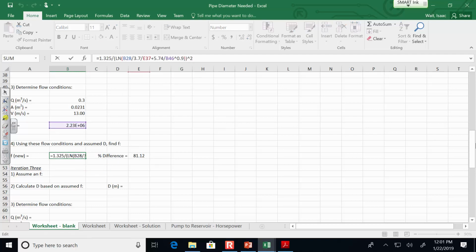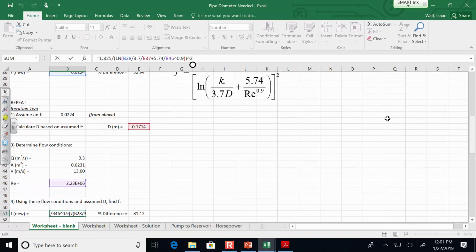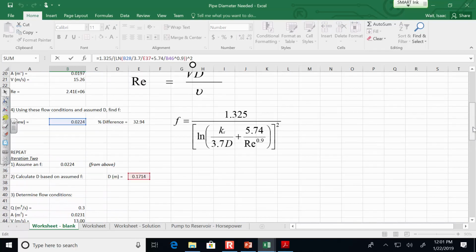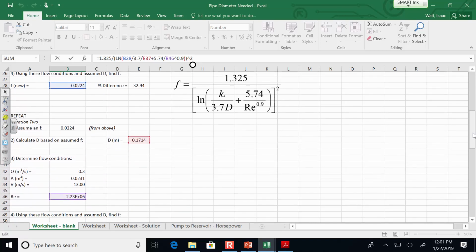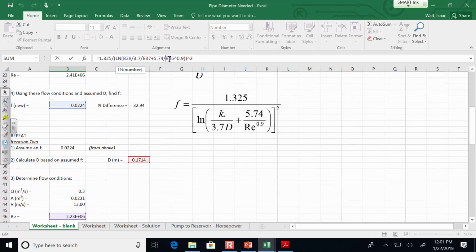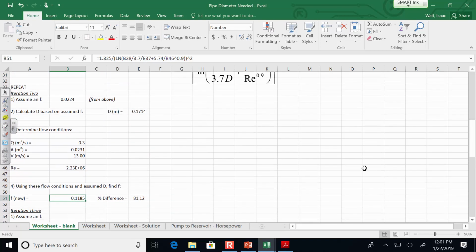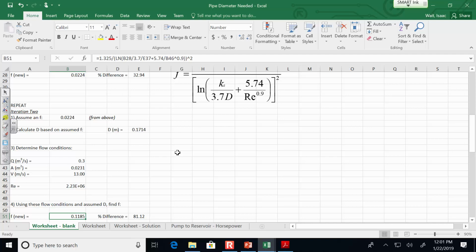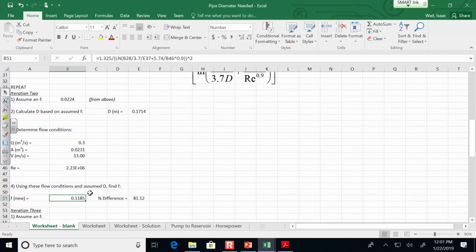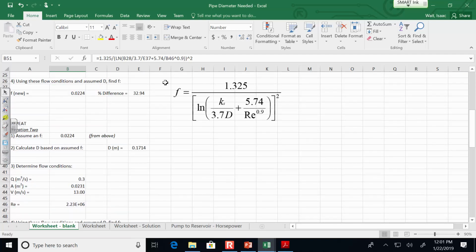I think I probably didn't anchor something that needed to be anchored up above, so let's look at that. Because my f value went crazy. It didn't do what it should do.